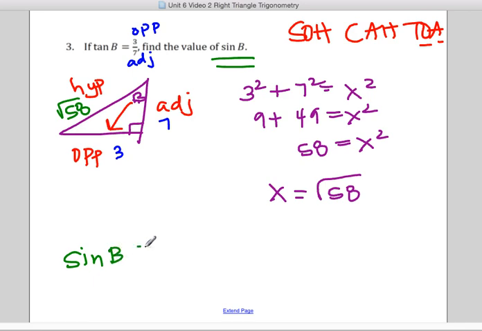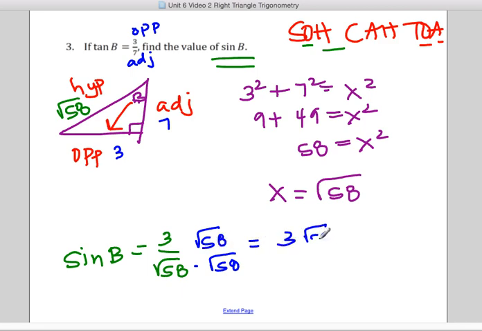So then I need to find sine of B. Sine of angle B. Sine is opposite, so 3 over my hypotenuse, square root of 58. It's not proper to leave that radical in the denominator, so we need to rationalize. So I multiply by square root of 58 on the top and the bottom. So I get 3 square root of 58 over 58 times 58, which would be 58 squared.